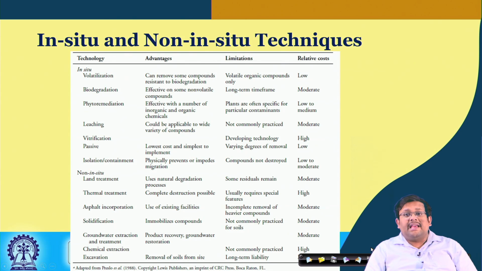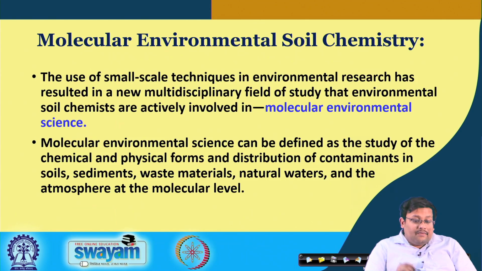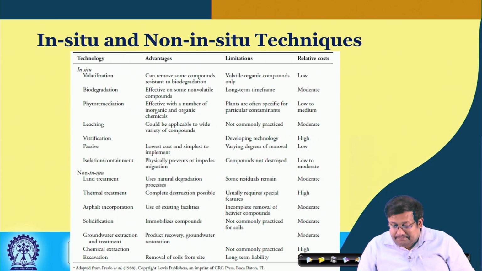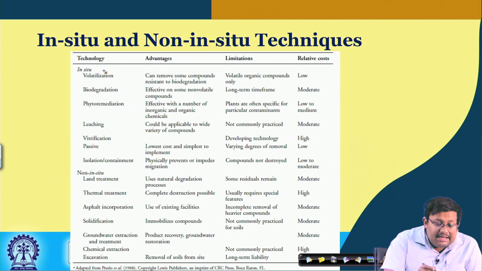So, this table basically summarizes different types of in situ and non in situ or ex situ methods of soil treatment. We have discussed all this, but let us see again. In the in situ methods we have discussed volatilization, biodegradation, phytoremediation, leaching, and vitrification.